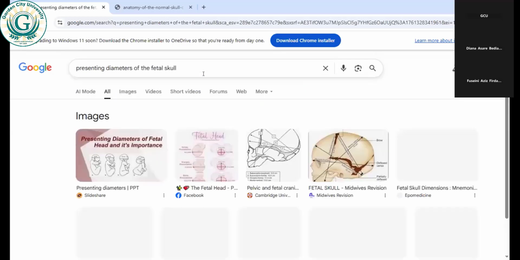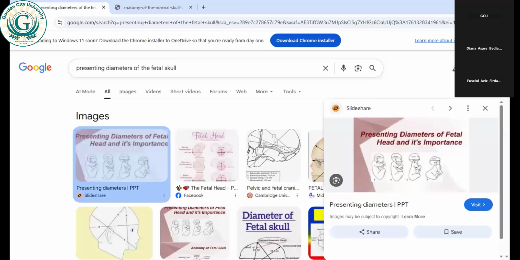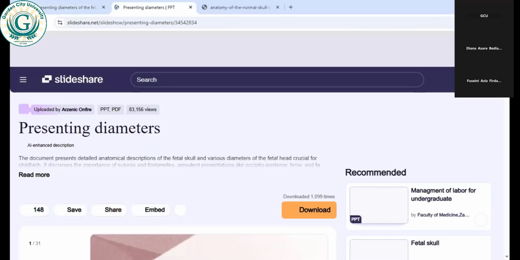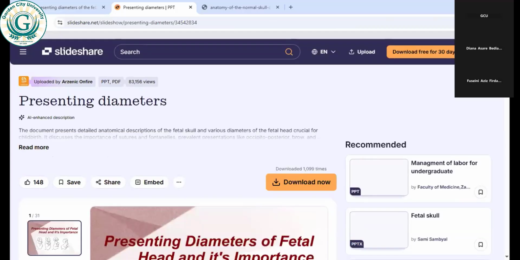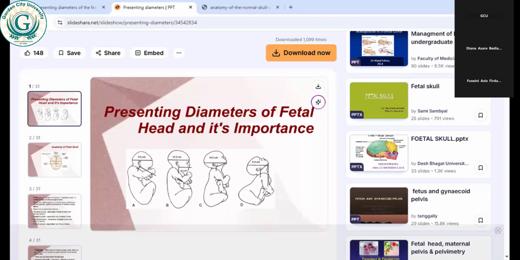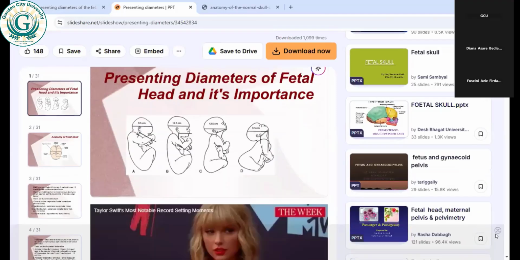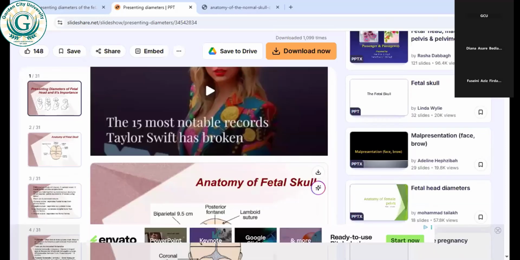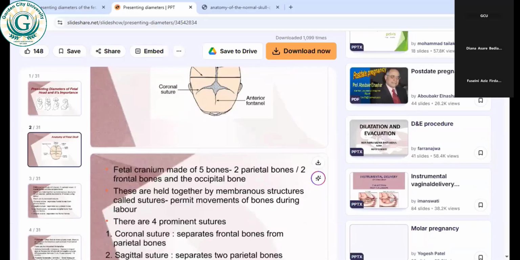So we are picking the vertex presentation. When the head is well flexed, the suboccipitobregmatic diameter, which measures 9.5, and the biparietal diameter, which measures 9.5, both have the same measurement and present in the vertex presentation.